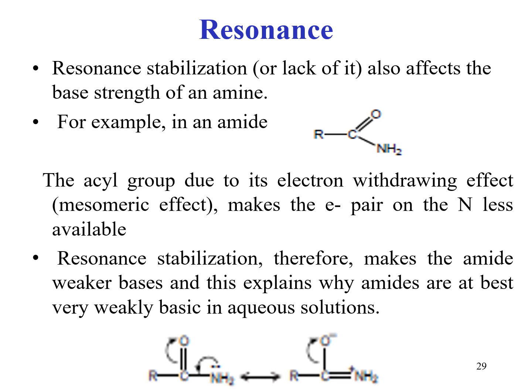So meaning there is resonance stabilization that makes amide a weaker base because of the presence of acyl substituent that makes the number of electrons on nitrogen less available for bonding.